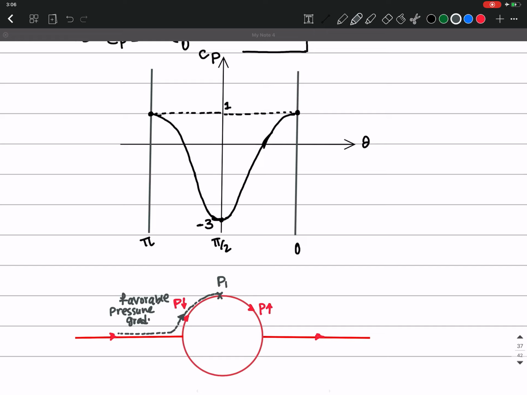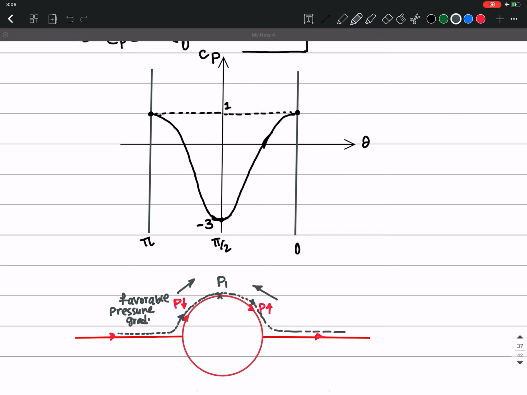On the other side, when the flow goes down here, the pressure increases. So here the pressure gradient is in this direction, because here pressure is increasing, the gradient of the pressure is going to be opposite the direction of the flow.